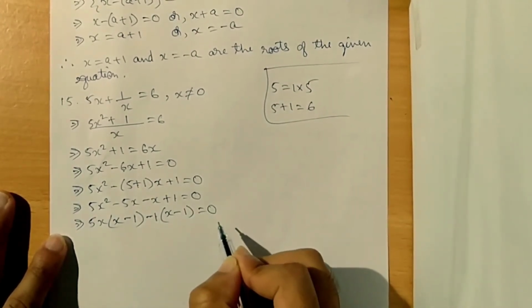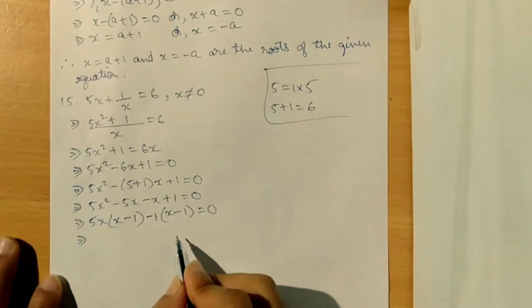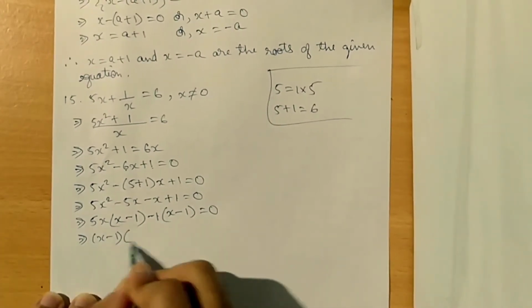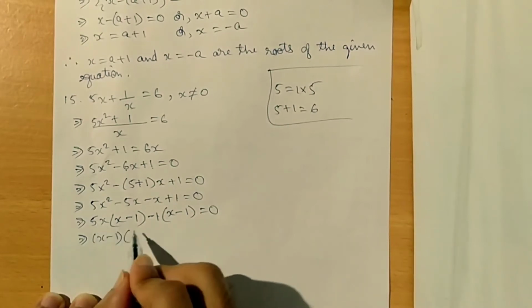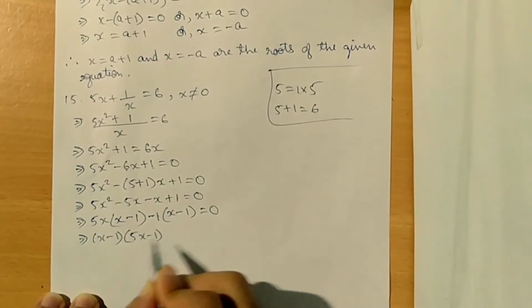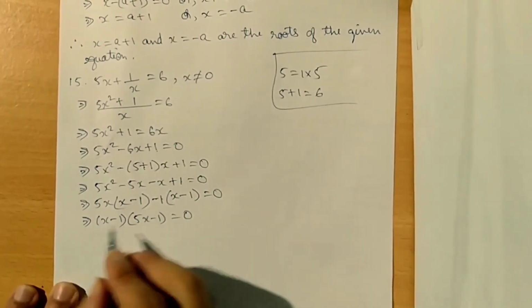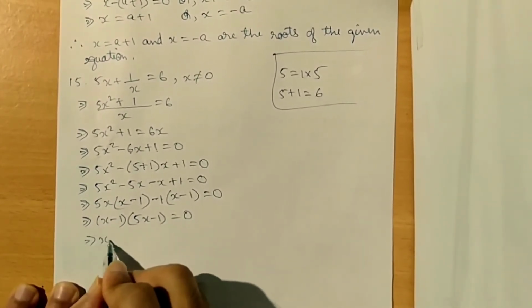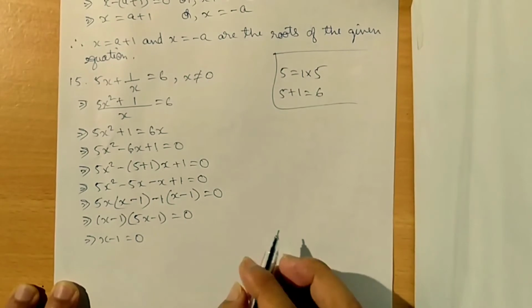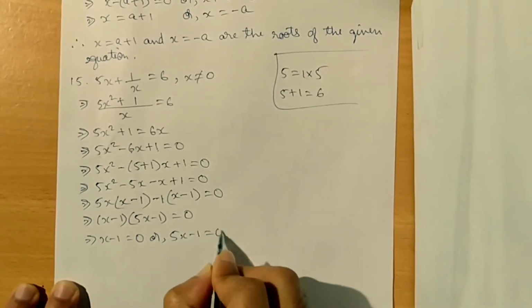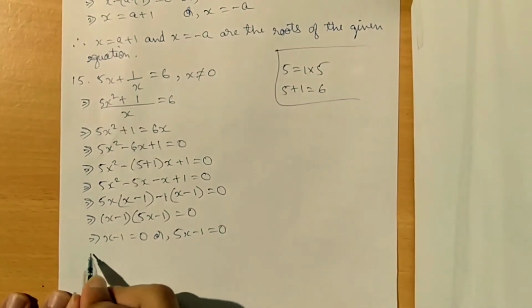And this implies we take the common x minus 1, the remainder is 5x minus 1, and this is equal to 0. And this implies x minus 1 is equal to 0 or 5x minus 1 is equal to 0.